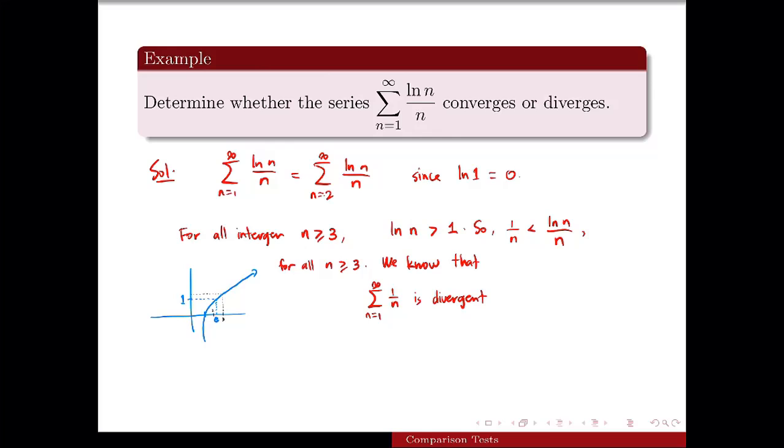And so is your series 1 over n starting from 3 to plus infinity. It is divergent.